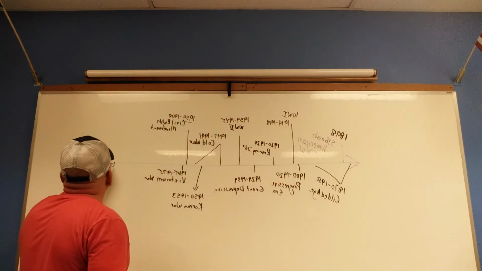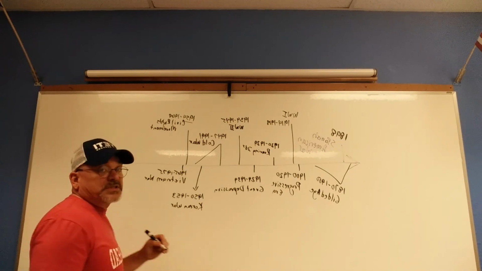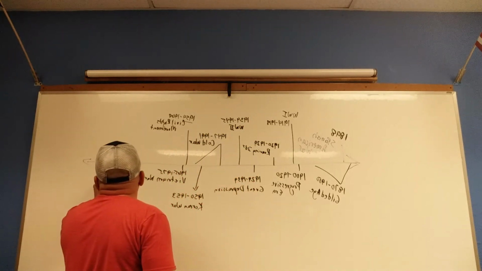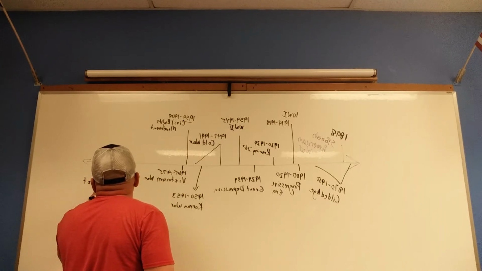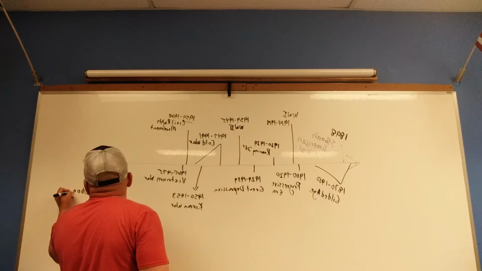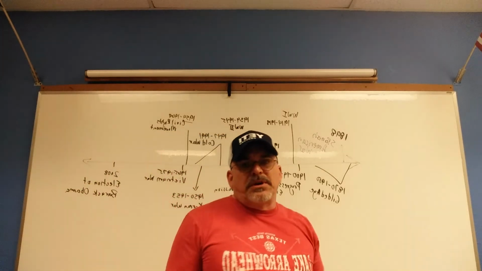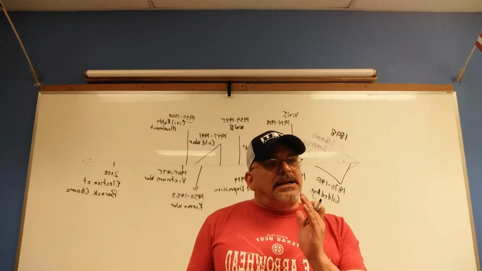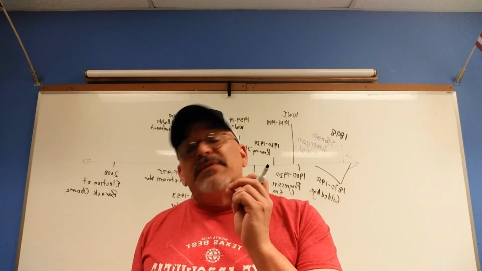Last one, 2008. And that is the election of the first African American president, Barack Obama. Now, there are 1,000 different things that we could put on this timeline, but we want to get these 12 essential eras and conflicts and events.